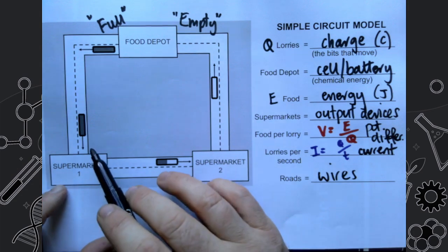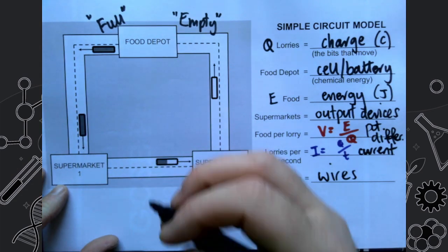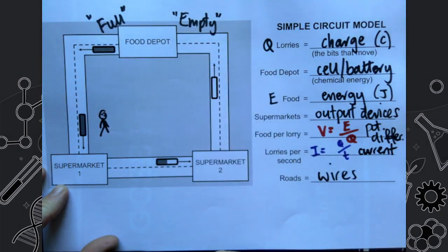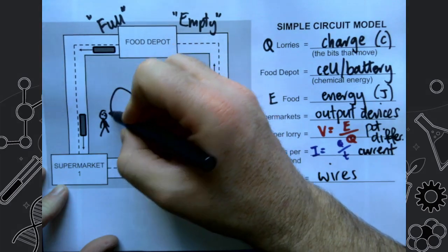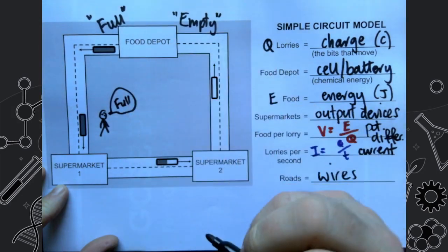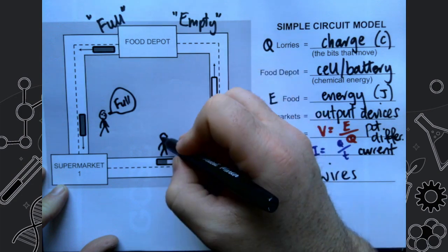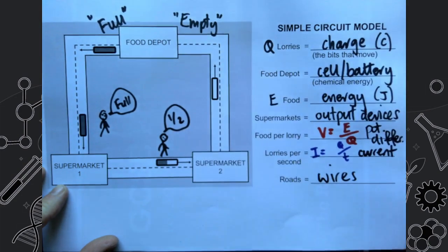Now, how can we measure this? How can I measure what's been dropped off at the supermarket? I need two people. I need somebody standing there, and this person says, the lorries are full. And this person here says, okay, I'm seeing the lorries half full.